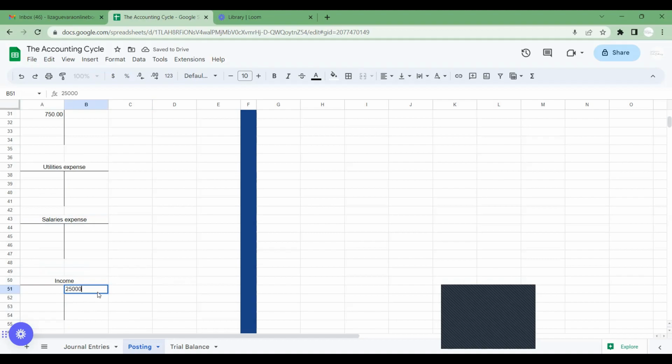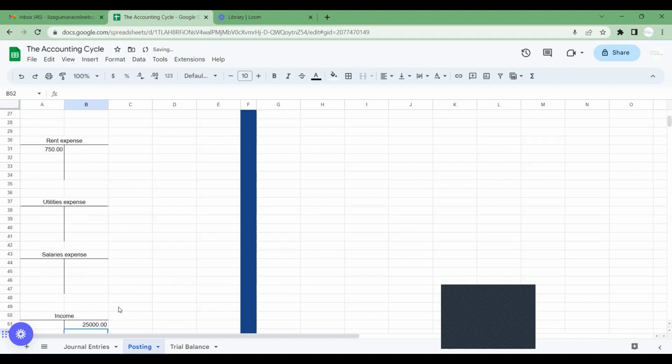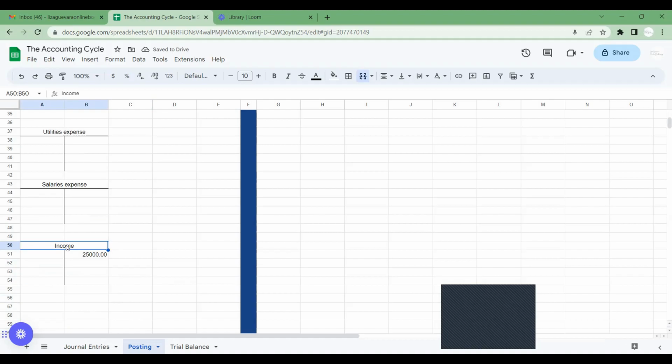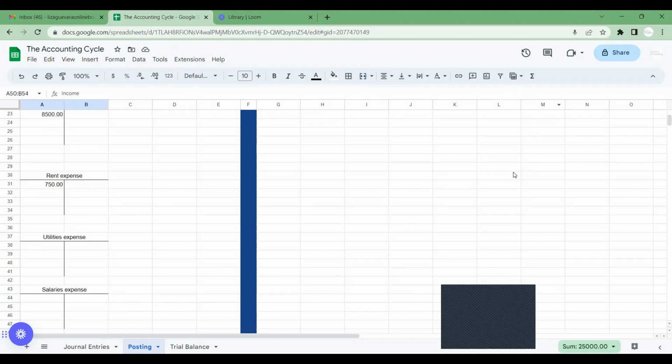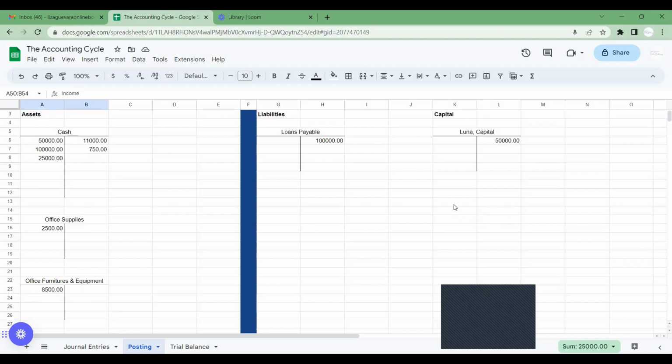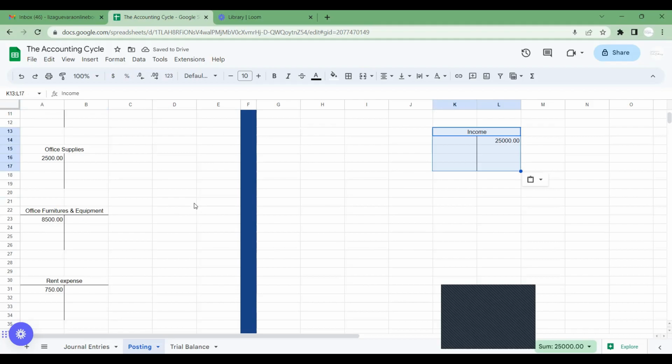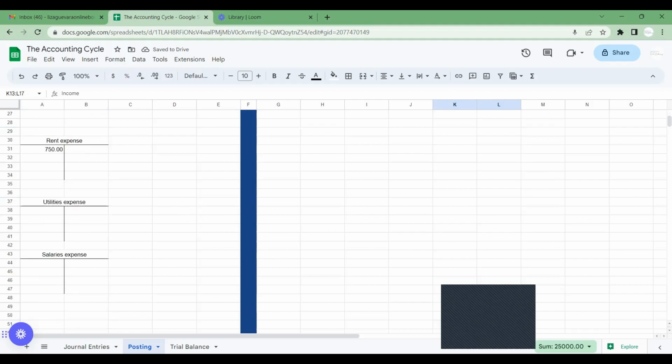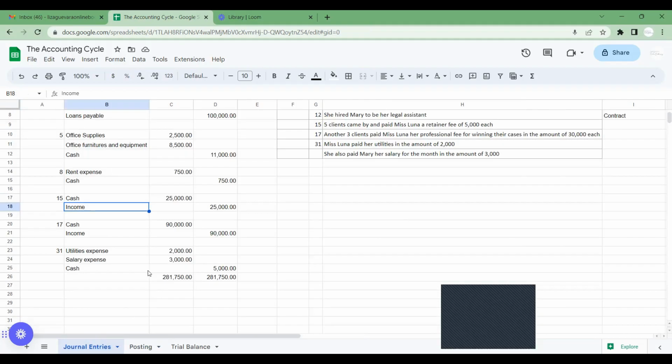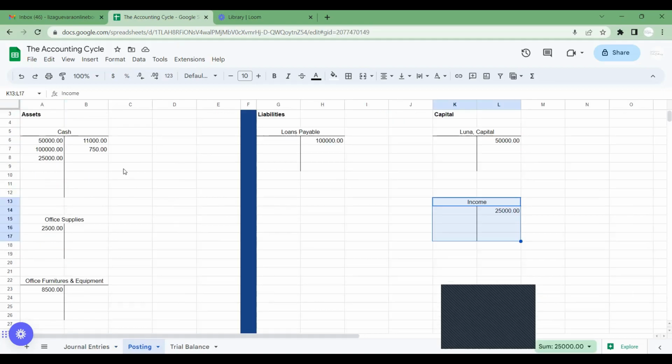So next we have the same, 90,000. Debit cash 90,000. Credit income of 90,000.